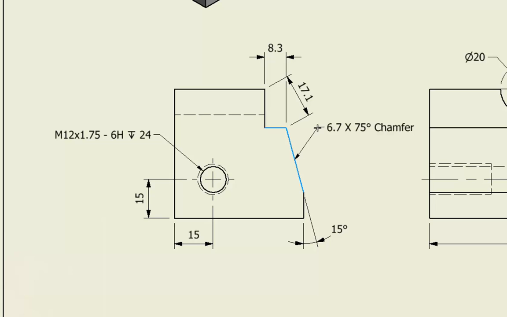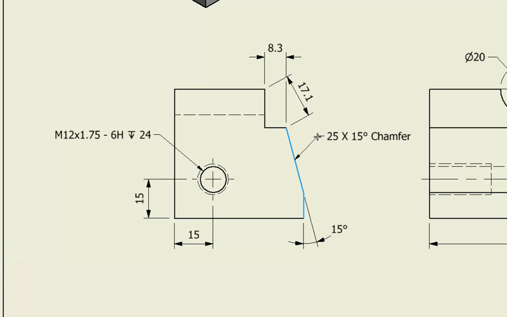Now, which edge you pick first will control the way that this displays. So what that's saying is that we've removed 6.7 millimeters of material off this edge, and that this is 75 degrees to it. That's not the way you'd express this particular chamfer. If I hit escape and go back and reactivate chamfer, this time I'll pick the chamfer edge, and I'll pick this one here.